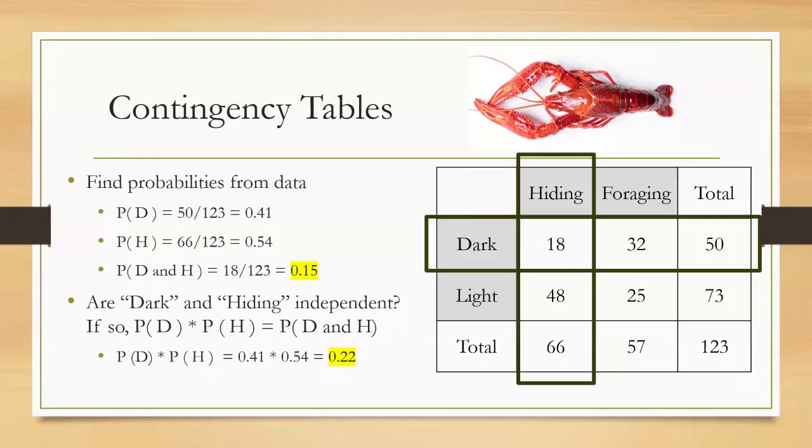We had 123 crayfish total in this experiment. We checked whether it is dark or light, and whether the crayfish is hiding or out foraging, looking for food. Kind of a time-consuming experiment, with lots of little crayfish and tiny houses that they can hide in.